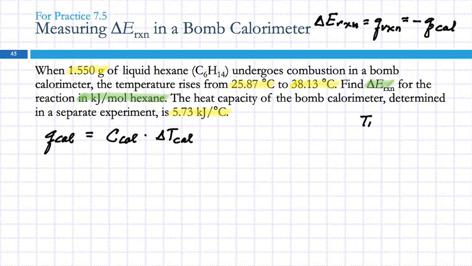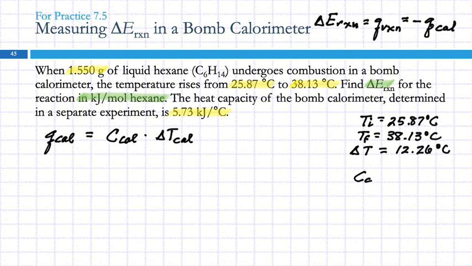We had an initial temperature of 25.87 degrees Celsius, a final temperature of 38.13 degrees Celsius. So I can take 38.13 and subtract 25.87, and the change in temperature is 12.26 degrees Celsius.